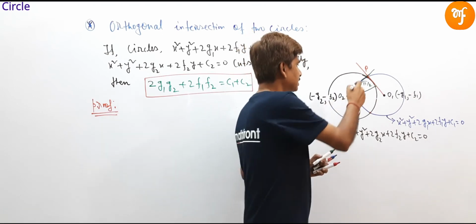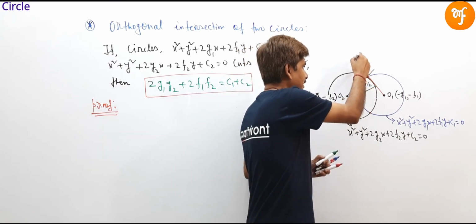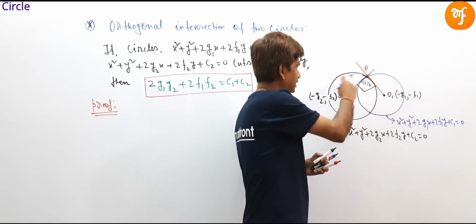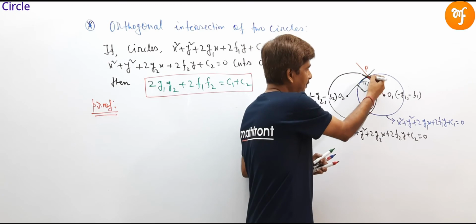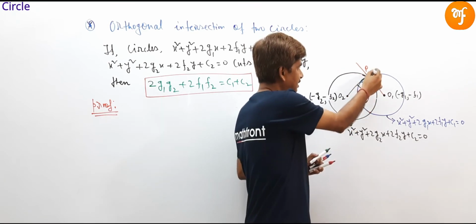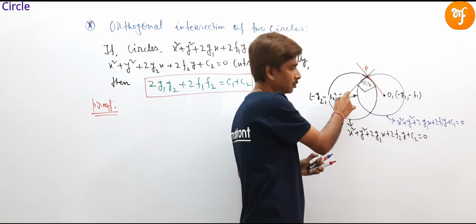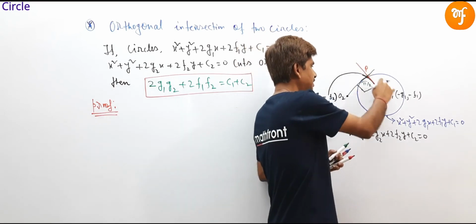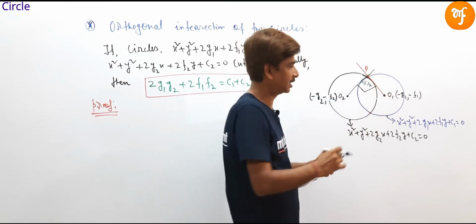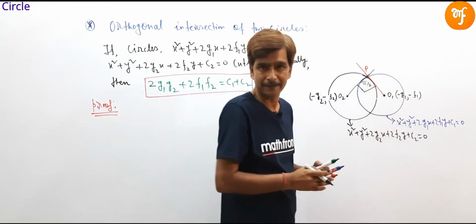Why? Because this red color tangent is the tangent to this black color circle, and at the point of contact, this is perpendicular. So this must go through the center. By the same property, this tangent will go through the center of this second circle. Is it not?